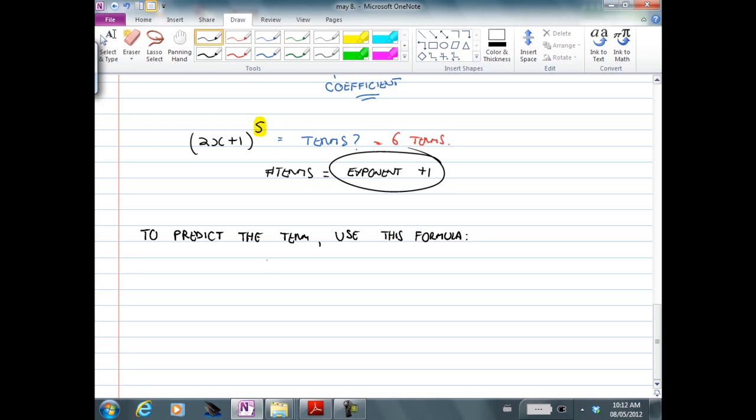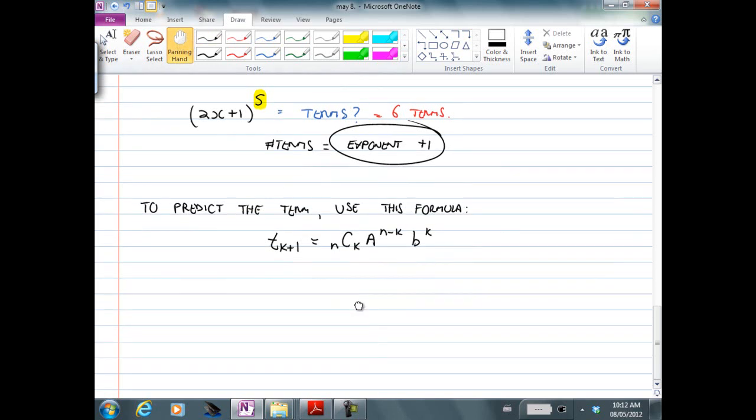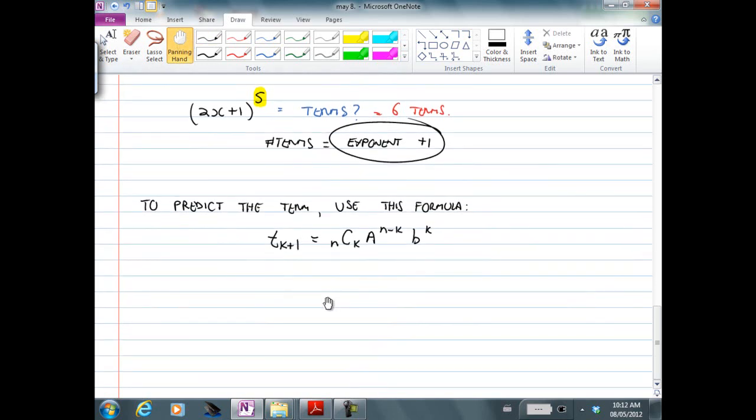The formula is t sub k plus 1 equals nCk times a to the power of n minus k times b to the power of k. It seems confusing, but I'll explain what each one represents.